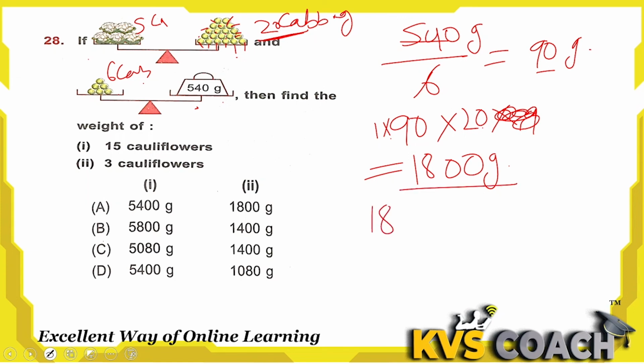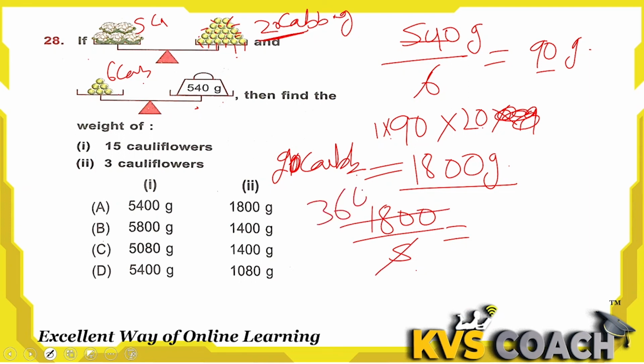So 1 cauliflower weight is 1800 divided by 5, that is 5 3s are 15, 5 6s are 30, 0. So 360 gram is 1 cauliflower. Okay, here 90 gram of cabbage and 360 gram of cauliflower is here.